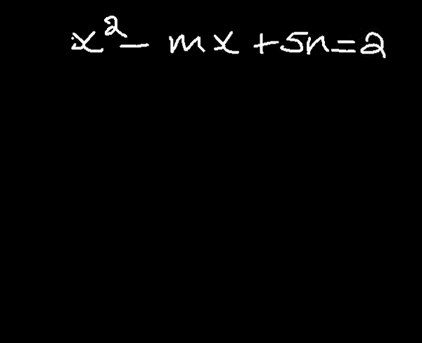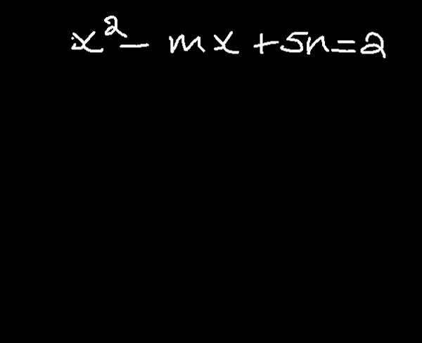And let's say we have, in this case, x squared minus mx plus 5n is equal to 2.